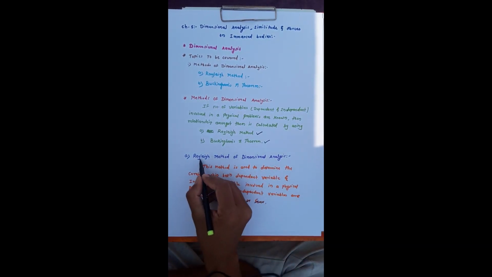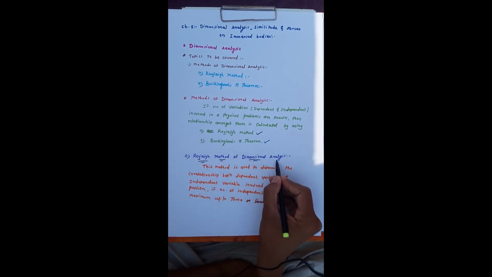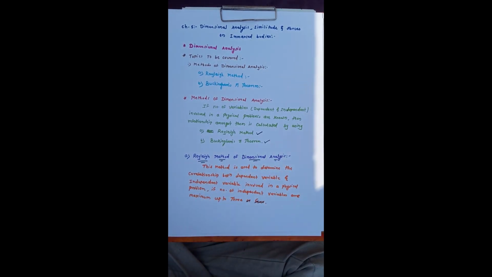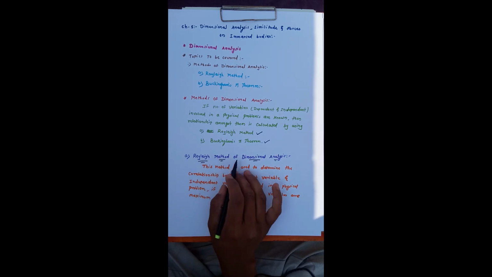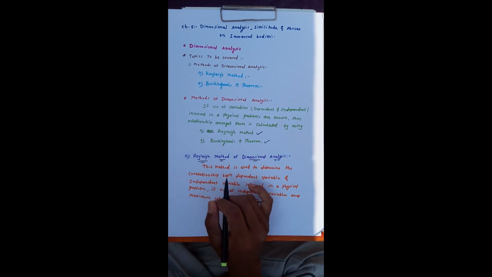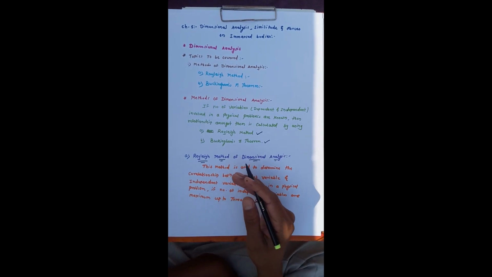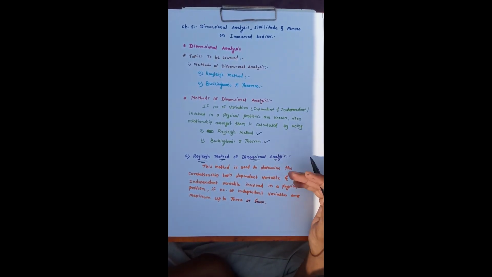When to use Rayleigh's method of dimensional analysis and when to use the Buckingham pi theorem? First of all, we'll see the basic difference. In a physical problem, if the number of independent variables is a maximum of 3, then to find the correlation between the dependent variable and independent variables, we can use Rayleigh's method. But if the number of independent variables exceeds 3, then Rayleigh's method becomes laborious.